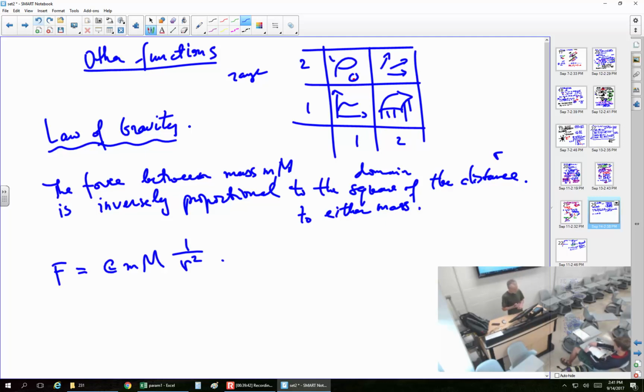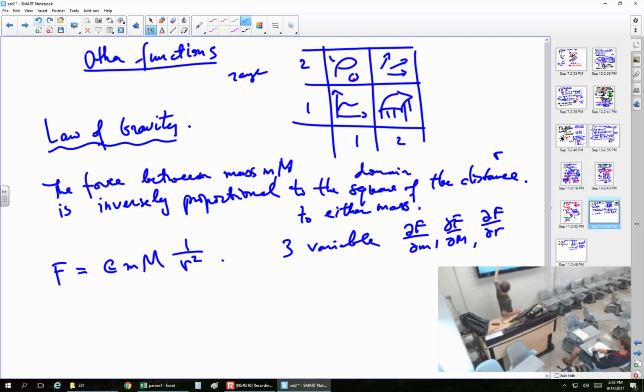So first of all, before we look at the vectors here, you can think of this as a function of 3 variables. If you were to continue on with calculus 1, you could look at dF/dm, dF/dM, and dF/dr. The last one is the more interesting, even though in any Newtonian mechanics you assume that the masses are constant.